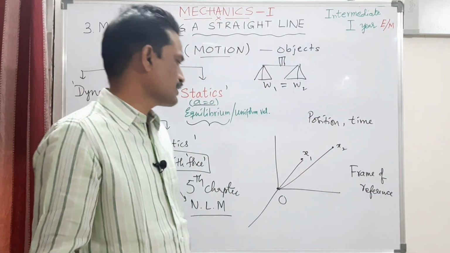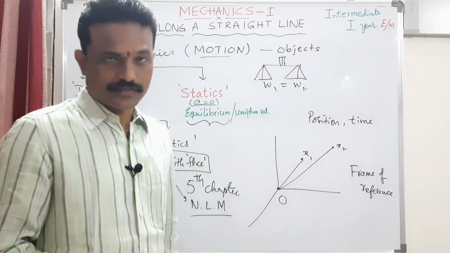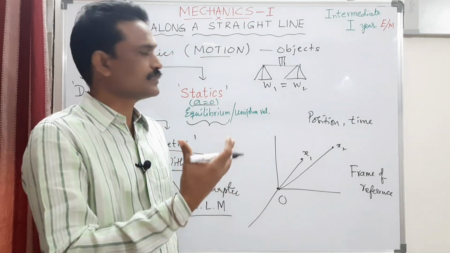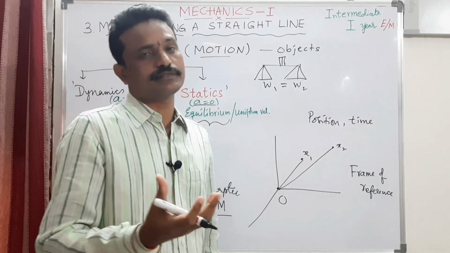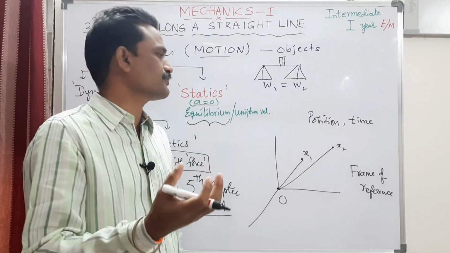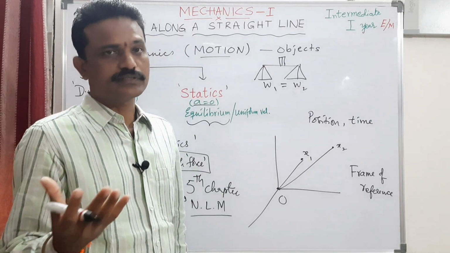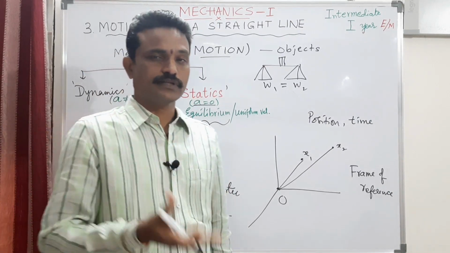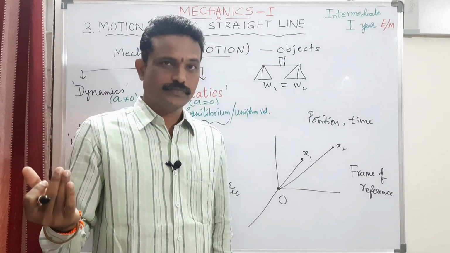For example, if I ask the address of your residence, in order to tell the position of your residence, you have to take the reference of something. For example, your house is exactly opposite to the government junior college, or your house is just behind the temple.